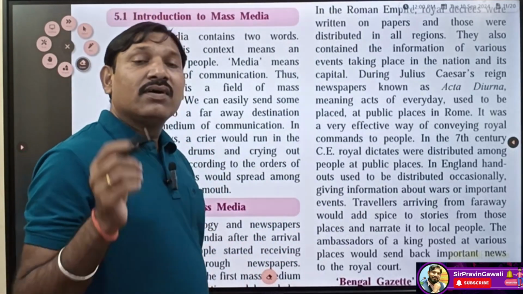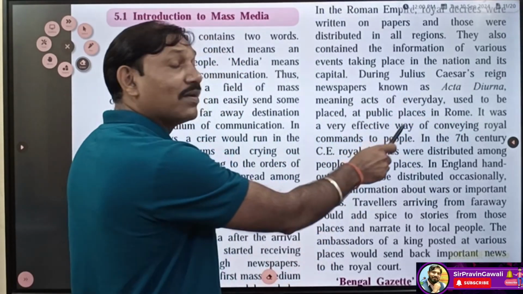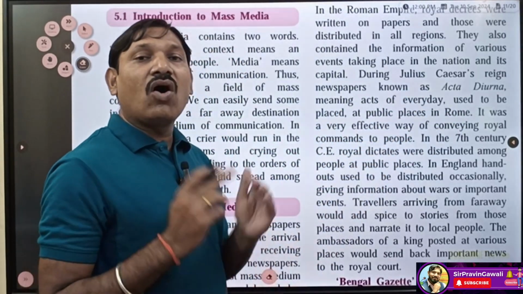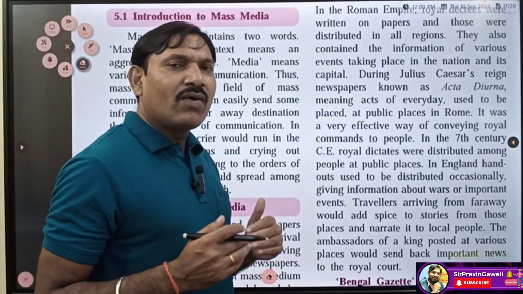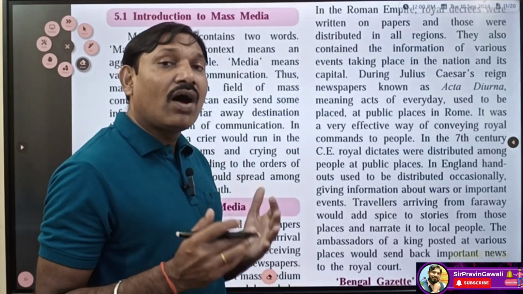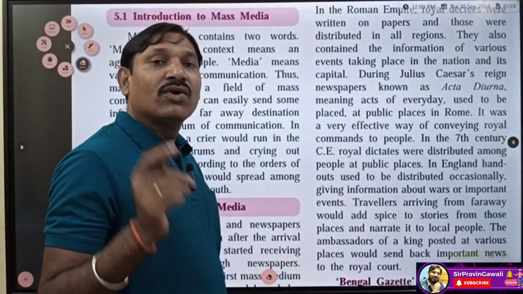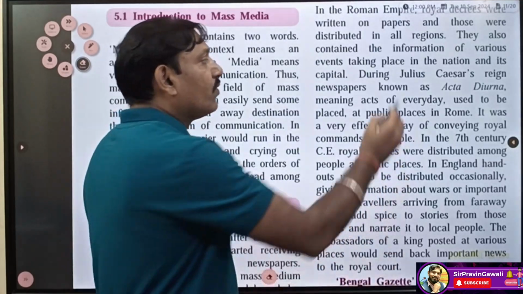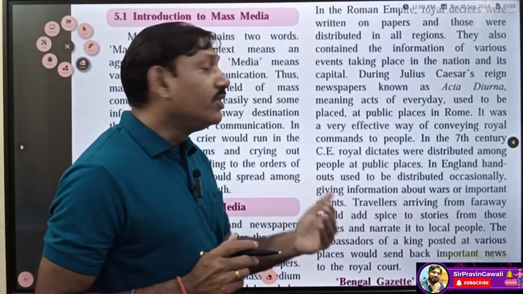And it was put in public places, so that all the people would get information about what is going on daily. Right now at present we are getting newspapers, so that we can understand what is going on daily in our surroundings. In the same way, in Rome during the period of Julius Caesar, they used Acta Diurna to publish the news, we can say.